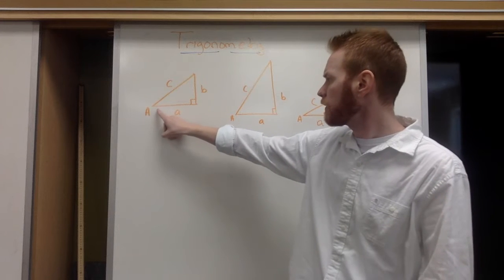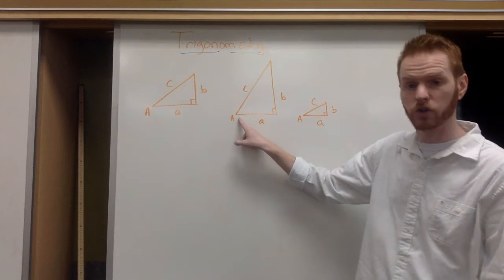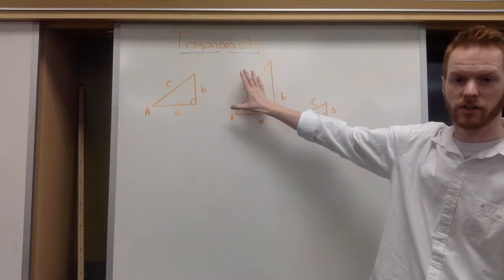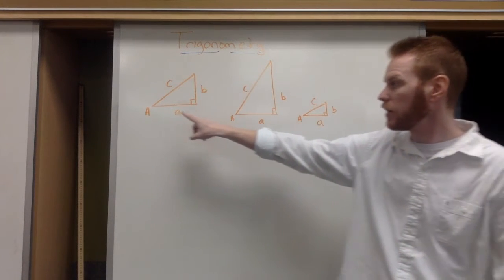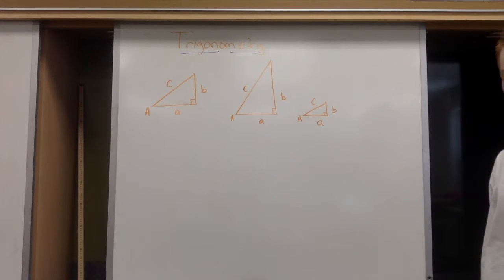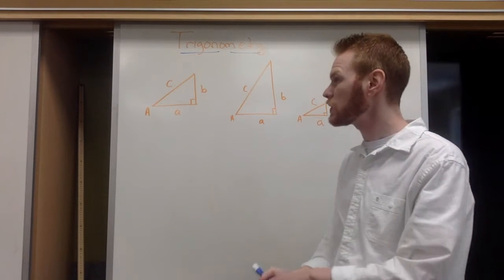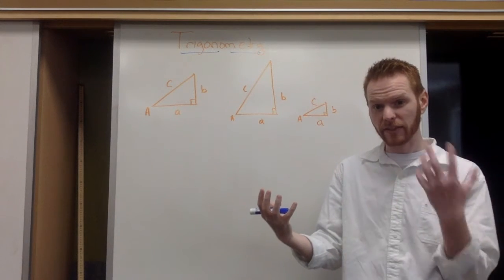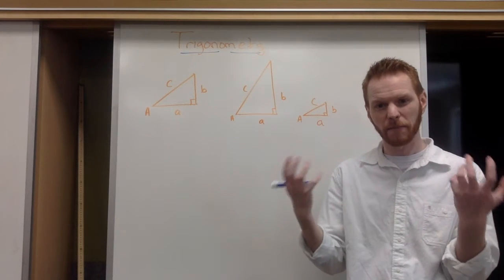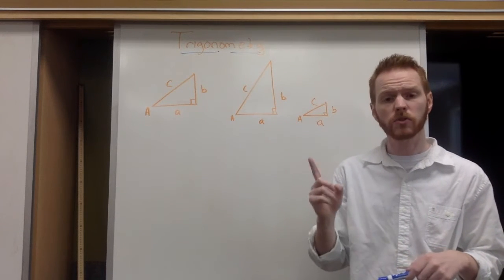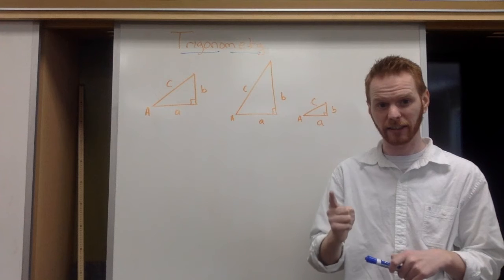And notice, if I make angle A larger, see what happens? The side lengths start changing. And then if I make angle A smaller, my side lengths start to change again. So we can see that there is some correlation between the angle and the side lengths. There's some observation happening here. Now, what we can also do is compare the side lengths.